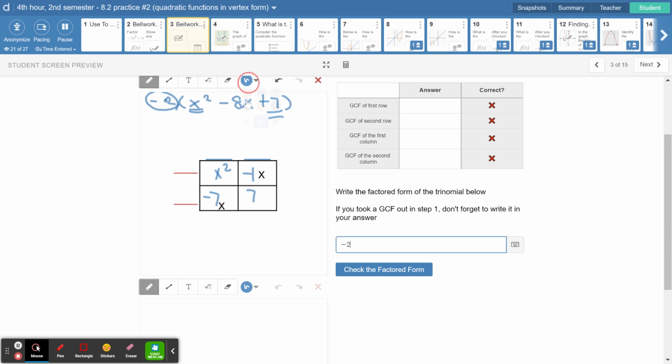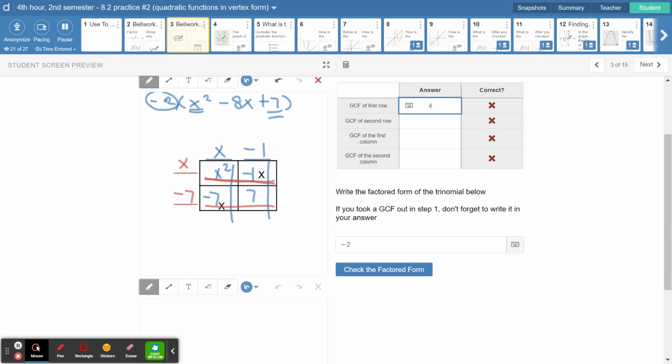From there, you have to now find the GCF of each row and each column. So the GCF of x squared and -1x is just going to be an x. -7x and 7 is going to be a -7. And then x squared and -7x is going to be another x. And this is going to be a -1.